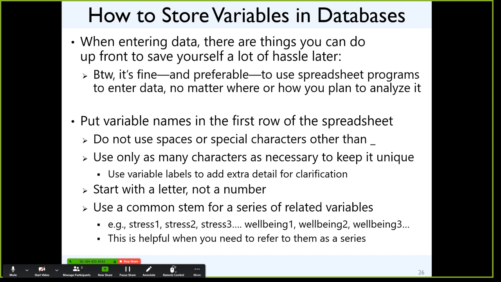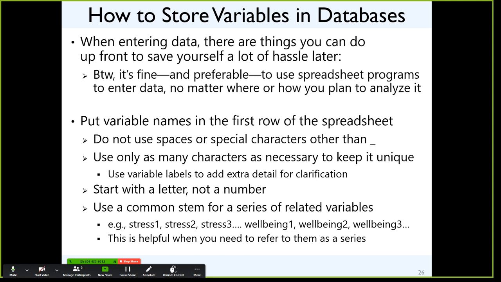In terms of data entry into someplace like Excel, you can put the name of your variables into the first row of the spreadsheet, and all programs have a capacity to understand that that is what you want to name the column in your data set. With one catch: the names that you use, if you want them to become column names in a data set, have to obey the standards of the data set.